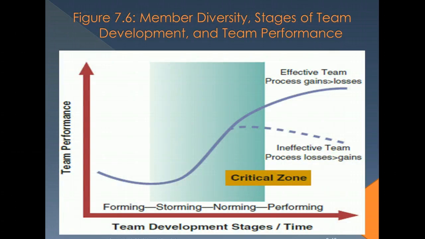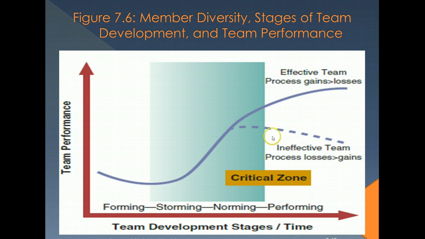If we look at this graph here, member diversity, stages of team development, and team performance, we could see that as a team is forming, storming, norming, performing, the team performance is rising. If the gains of the team are greater than the losses, the performance will continue to become much stronger.